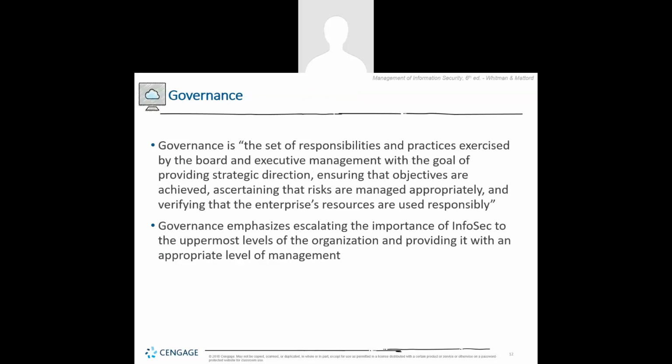Now, governance ensures InfoSec's alignment with the organization's objectives, first by setting strategic direction, managing your risk appropriately, and also verifying the responsible use of resources. Strong governance elevates InfoSec's importance to senior management.